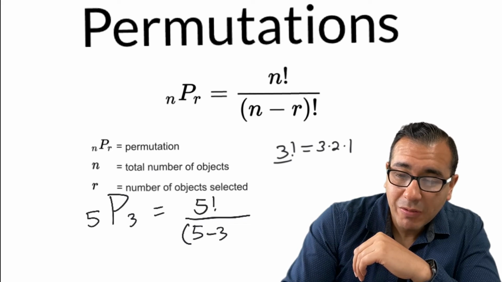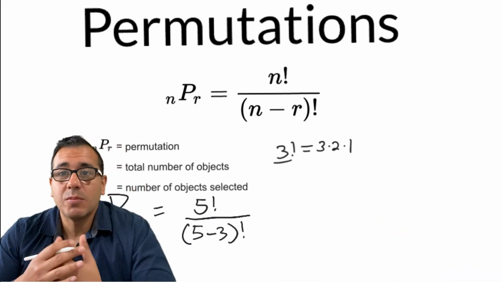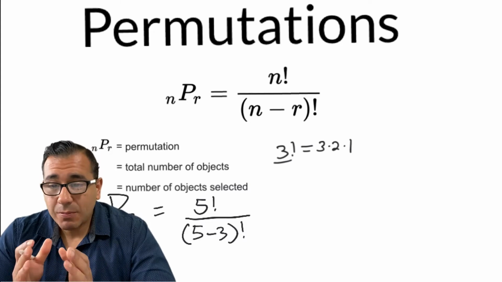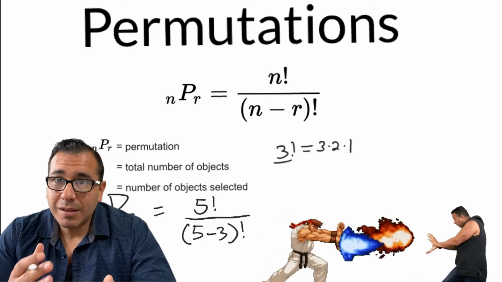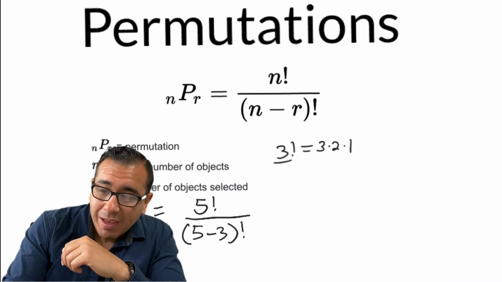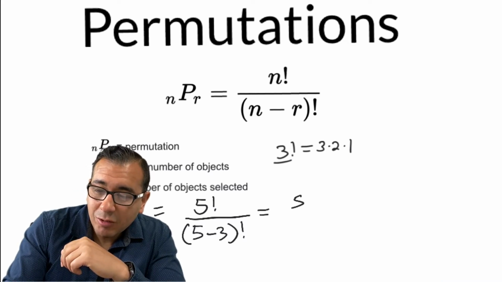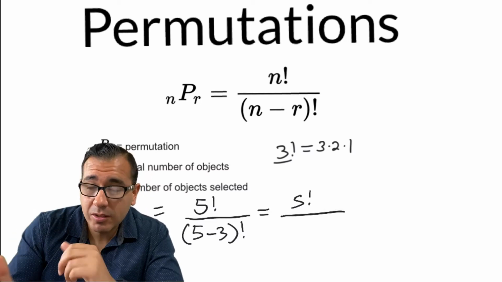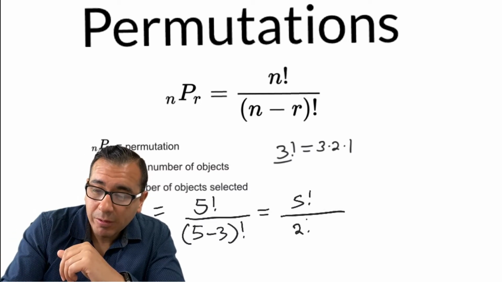What's nice is most of your calculators have a permutation button, but if it doesn't, I want you to understand how to do the math by hand. So we have 5 factorial divided by 5 minus 3. Order of operations, so we have 2 factorial.